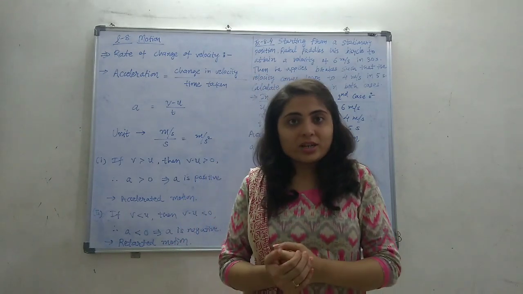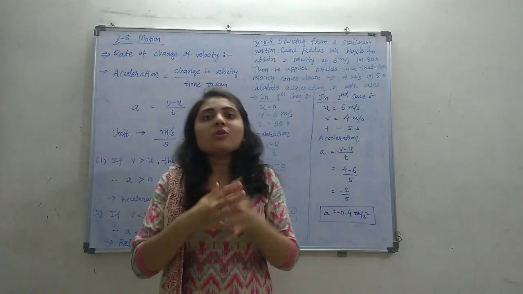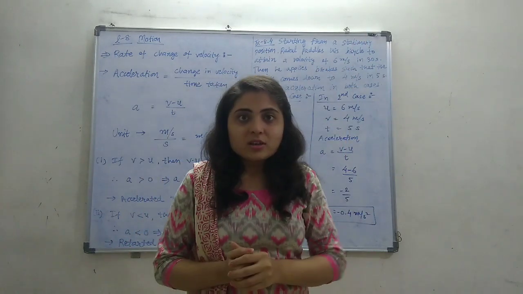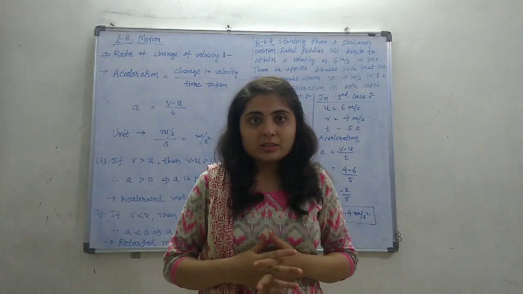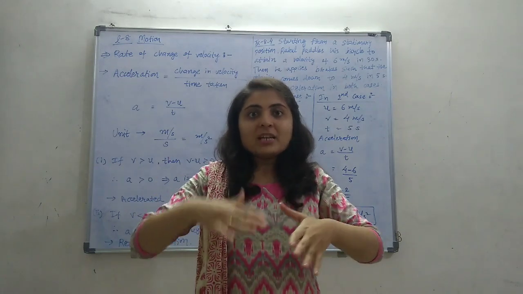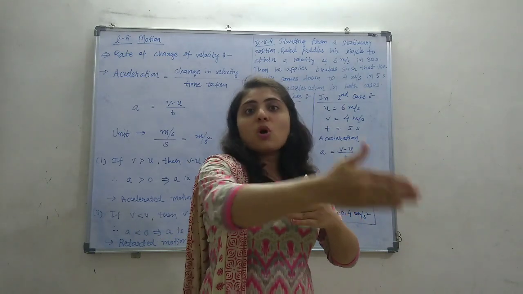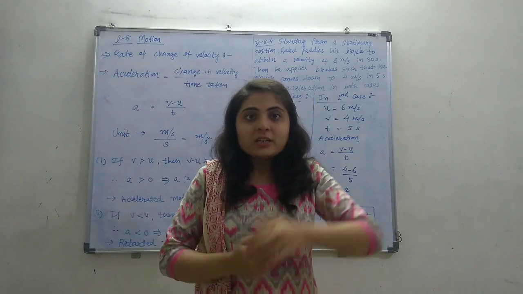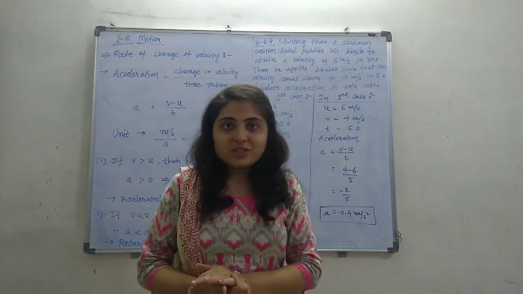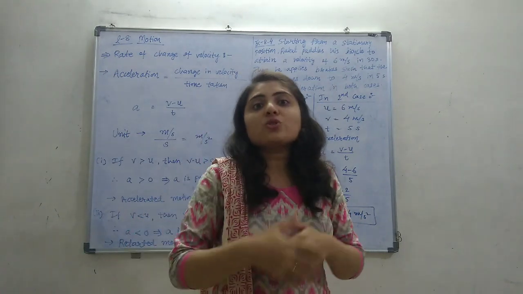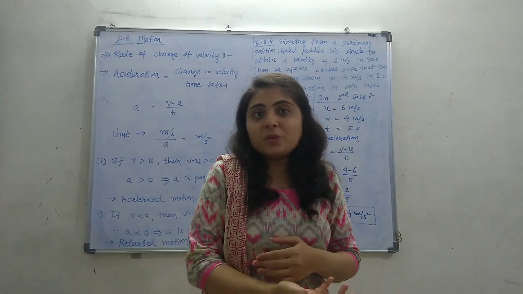Let us take one example. When you are going on your vehicle, you see your friend at some distance, and you want to stop your vehicle. So you are going with some speed or at some velocity, and then you want to stop your vehicle at your friend, who is standing at some distance. So you want to change your velocity, you want to change your speed.